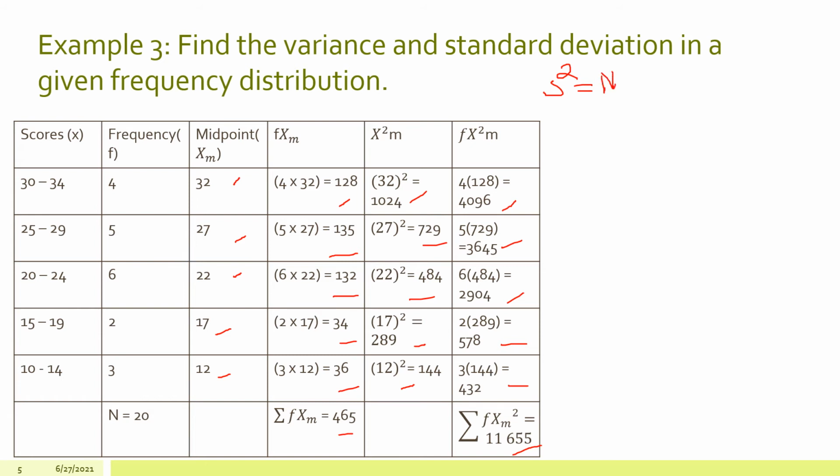We have n times the sum of fx squared minus the square of the sum of fx, over n times n minus 1. The only difference, guys, is that the small m refers to the midpoint. The formula is the same. The difference is that we get x from the midpoint. Our n is 20.